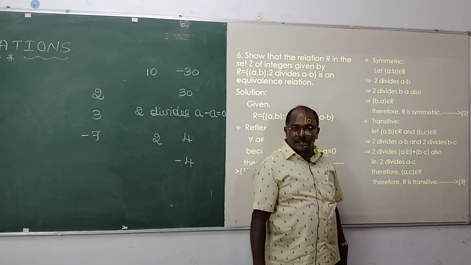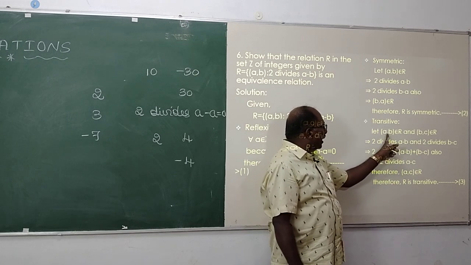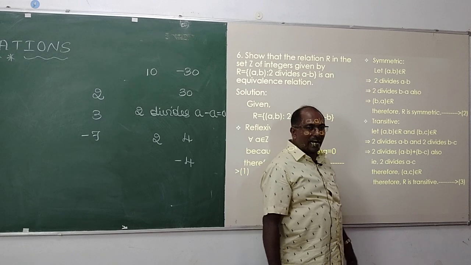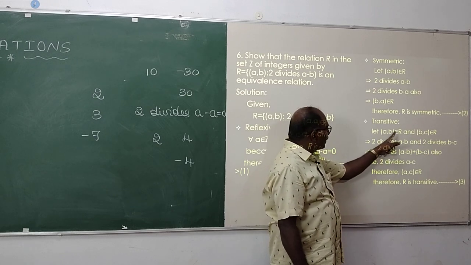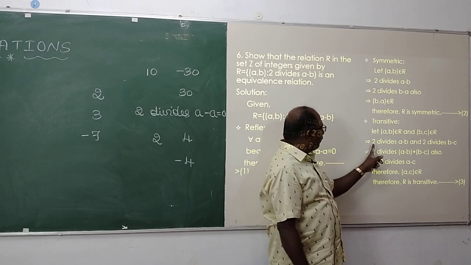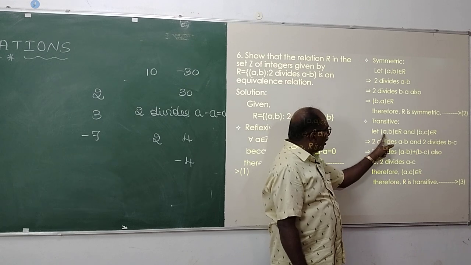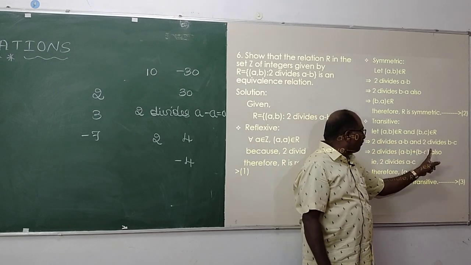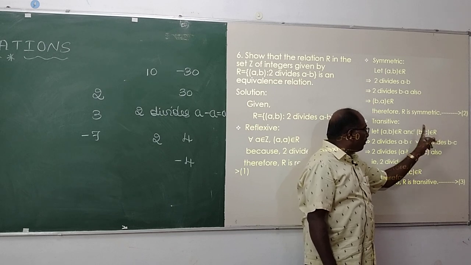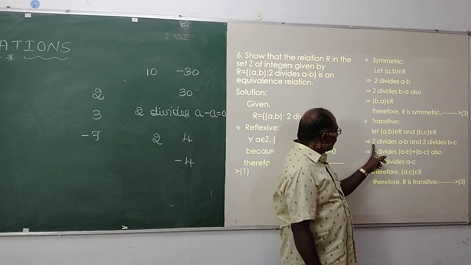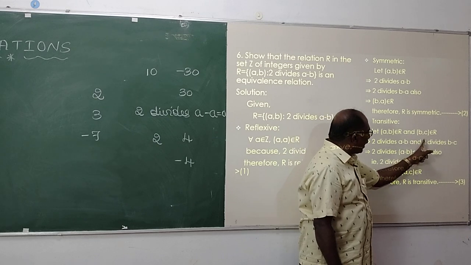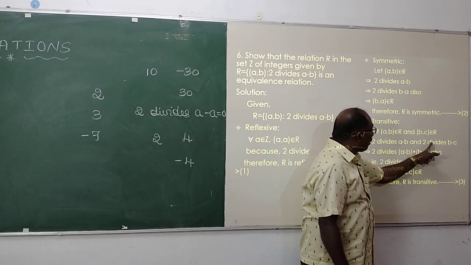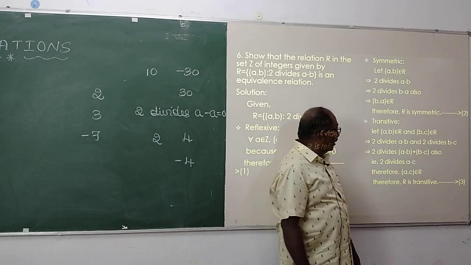To prove the transitive nature of the relation, I assume two ordered pairs (a, b) and (b, c) occurring in R. Since (a, b) belongs to R, by definition 2 divides a minus b. Since (b, c) belongs to R, by definition 2 divides b minus c. Students, since 2 divides a minus b and b minus c, 2 is a common divisor of a minus b and b minus c.